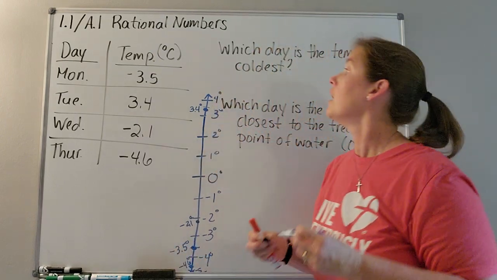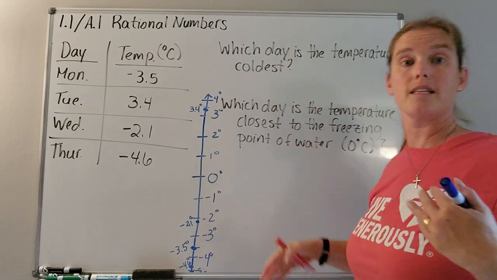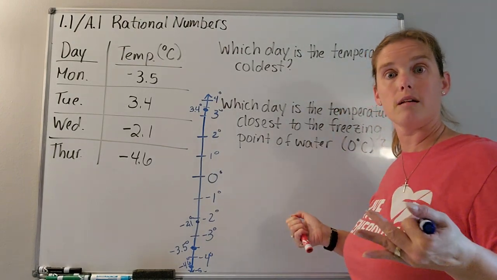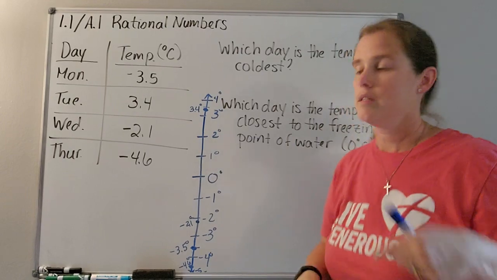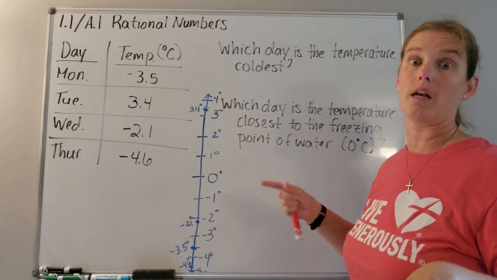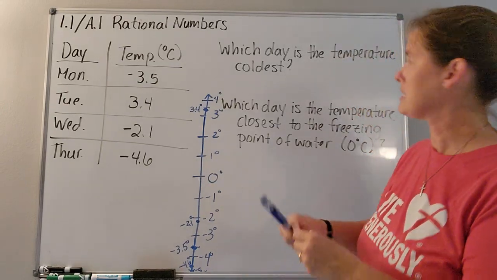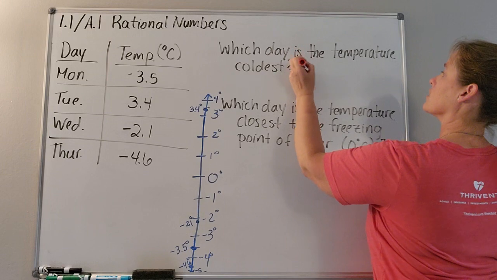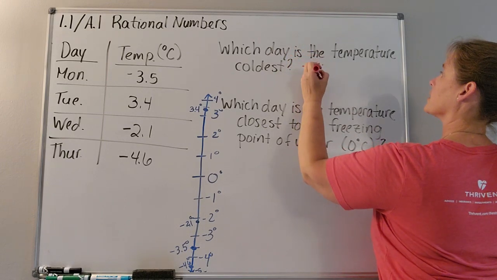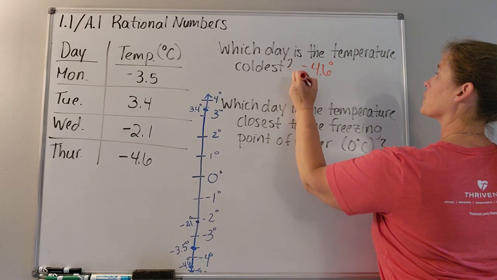Okay. So we can look at and say, okay, which one's coldest? That means it's got to be the farthest from 0 and below 0, because 3.4 degrees is definitely warmer than negative 3.4 degrees, right? So let's look, which one's farthest away? Negative 4.6 degrees, but they asked which day that was, and that was Thursday.